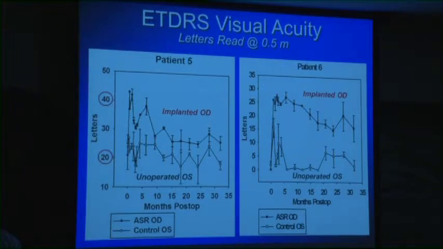And this was a return of central visual acuity, of color perception, of visual field size, and darkness perception. Here you can see the difference between the implant eye and the unimplanted eye. There was a huge increase in letter recognition immediately, then tapered off. Here's another patient, again, just a huge increase in the number of letters read compared to the unoperated eye.